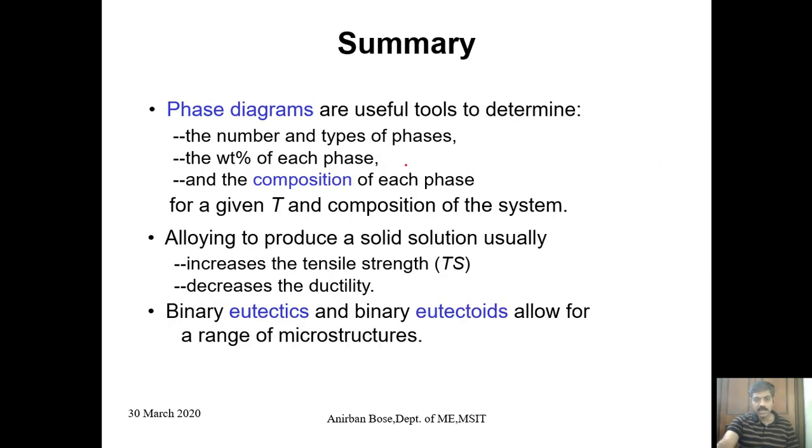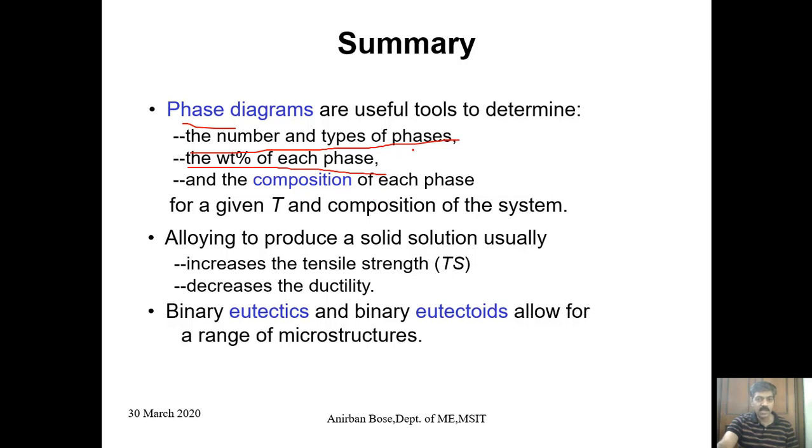So finally, in these two parts of the phase diagram, what we have seen is that they are very useful tools to determine the number and the types of phases, and their weight fraction.